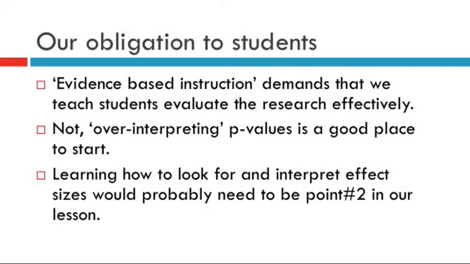So p-values by themselves are not enough. If we're going to be evidence-based instructors, it's our obligation to make sure that students understand how to not overinterpret p-values. And what they need to do is to add to this knowledge, learning how to interpret effect sizes.